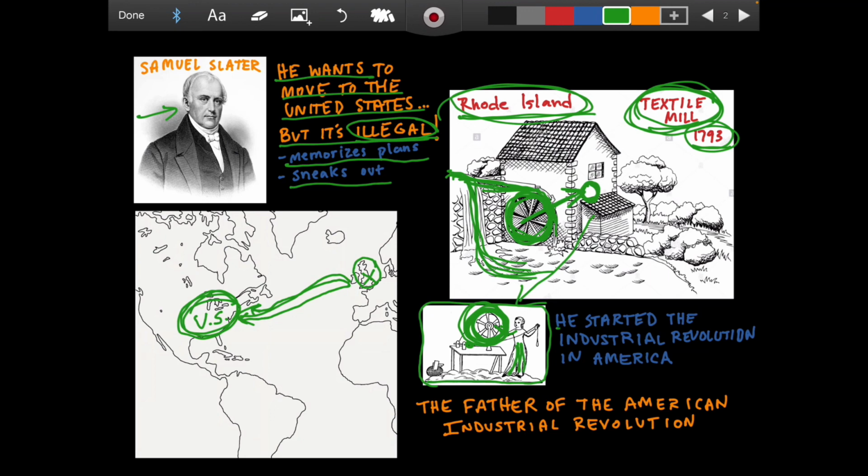Samuel Slater is credited with starting the Industrial Revolution in America. He literally brought the Industrial Revolution with him on a boat from Great Britain over to the United States. And for that reason, he is known as the father of the American Industrial Revolution.